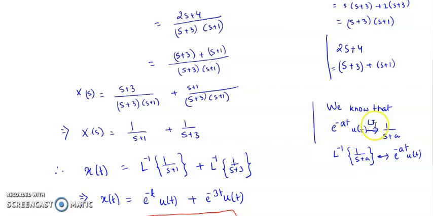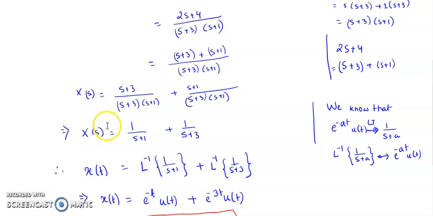That is the formula. So the inverse Laplace transform of 1/(s + a) is e^(-at)u(t). This is the Laplace transform output and this is the inverse Laplace transform output.